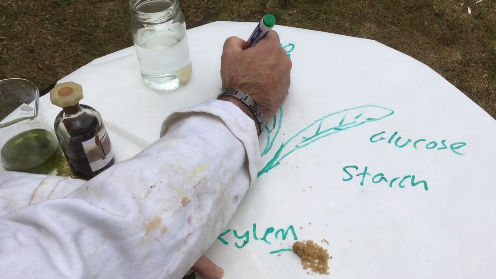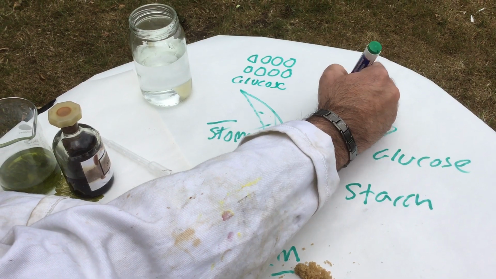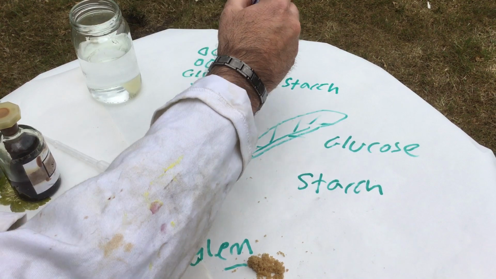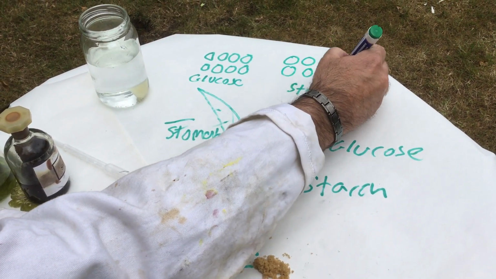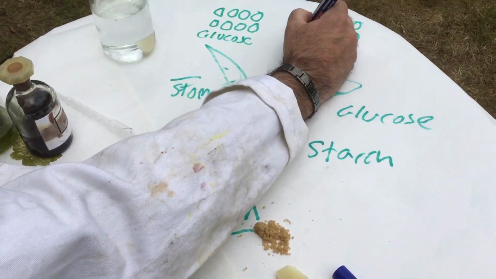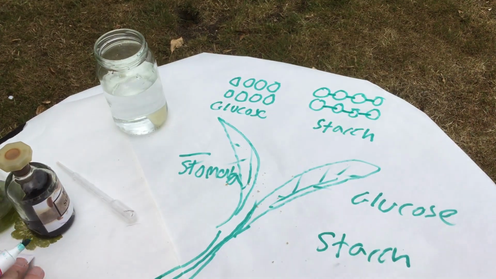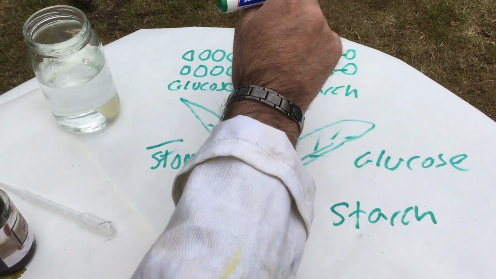In the form of starch, the difference between the glucose and the starch is, what the plant does, which is very clever, it chains the glucose together. And because they're chained together, called bonds, they don't dissolve.